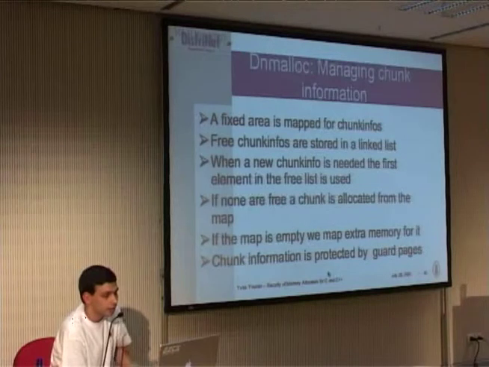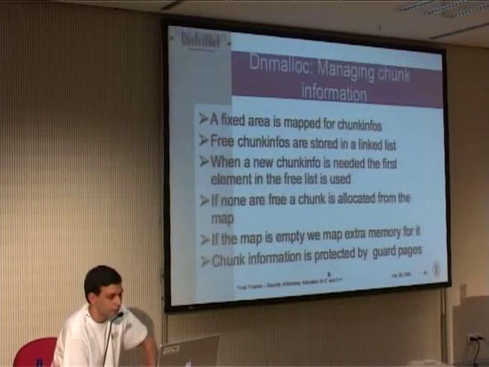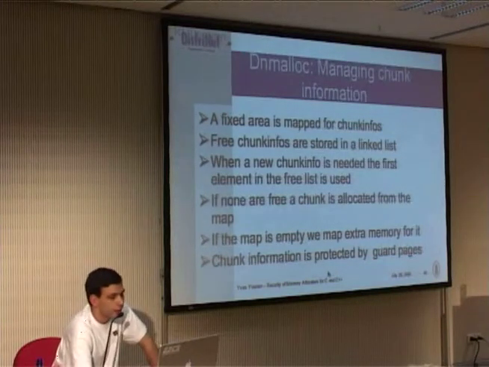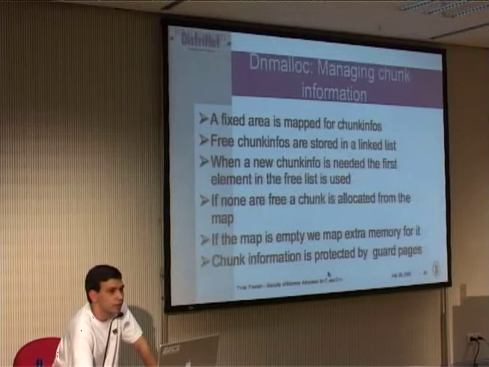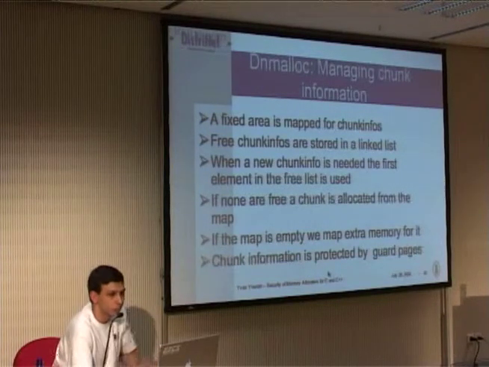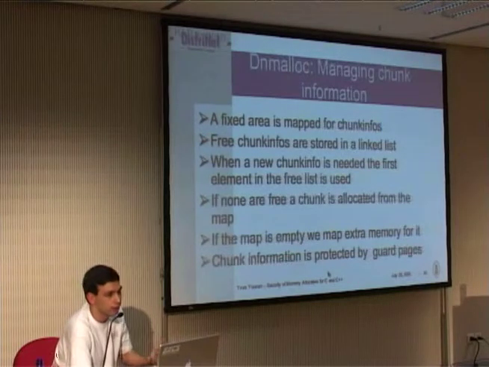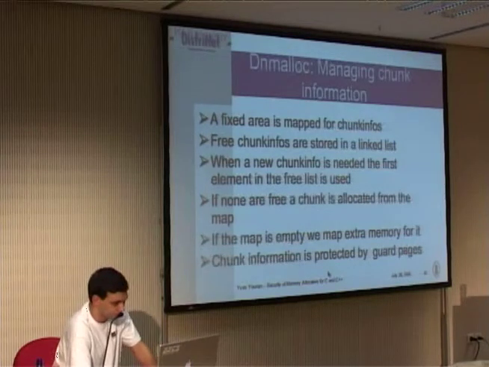So we also actually need to manage the chunk information area. We do this by mapping a fixed area of 16,000 chunk information elements. And whenever a chunk is removed, so for example, if 2 chunks are coalesced, 1 chunk information will no longer be used, so it will be stored in a linked list of free chunk information.